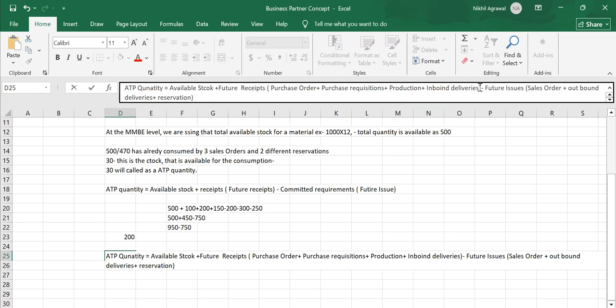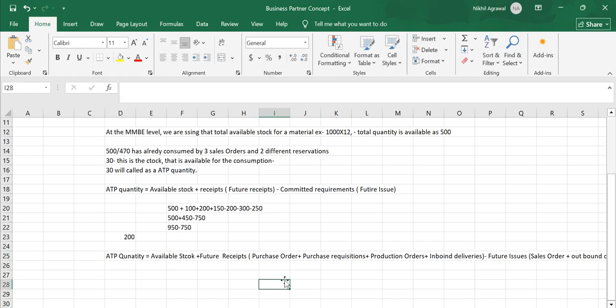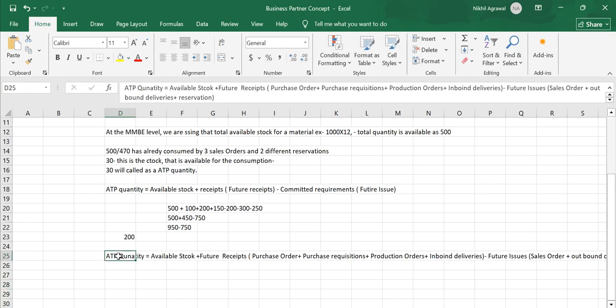So, guys, against documents like purchase order, purchase requisition, production order and inbound deliveries, we are going to increase our inventory, and against the future issues, the sales orders, outbound deliveries and reservations, we are going to reduce the stock.